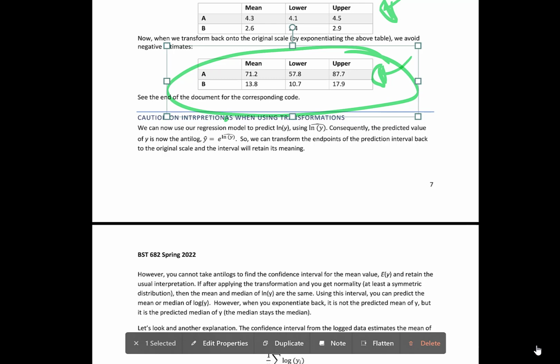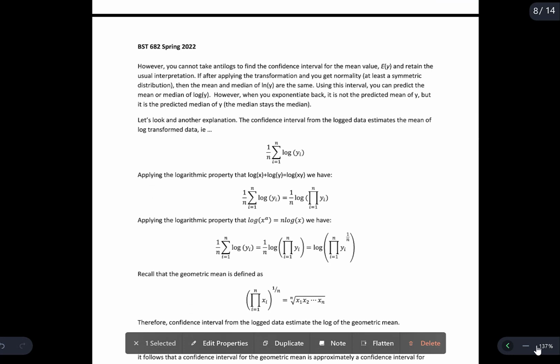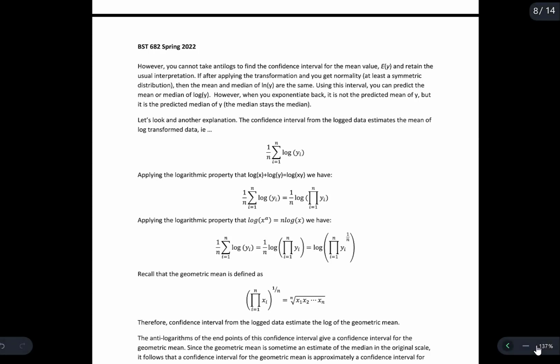So when you take the predicted value and take the anti-log, you are going to get back y hat. So the transformation of the endpoints of a prediction interval is fine, and it retains its usual interpretation. However, we do have to be really careful when we use this trick with confidence intervals because the interpretation now changes. Let's talk a little bit about why that interpretation is going to change.